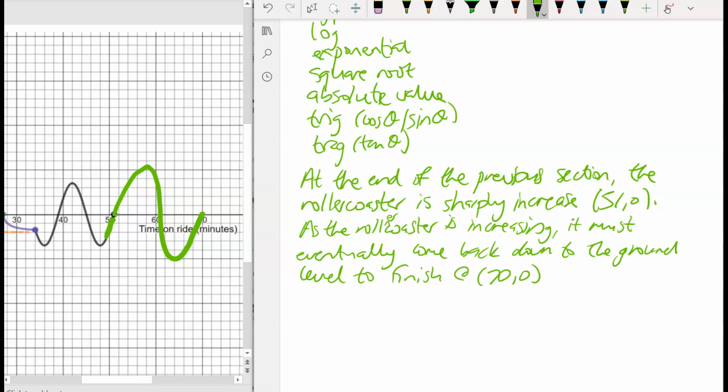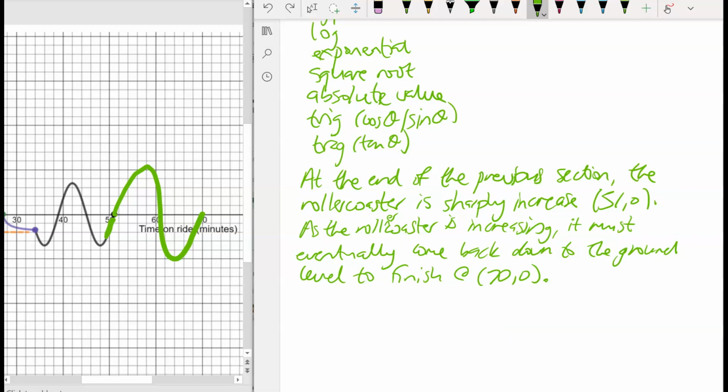So what I'm just recognizing is we are going up. To get here, at some point we have to go down, and not all models can actually return back to the ground. So if you think of a log graph or an exponential graph, we'll go with the exponential, that just keeps going up and up and up. It doesn't return back down to the ground, so it's just not an appropriate model to use. And conversely, some graphs that only go down are not appropriate to use as well.